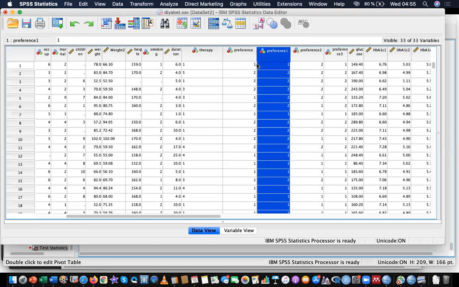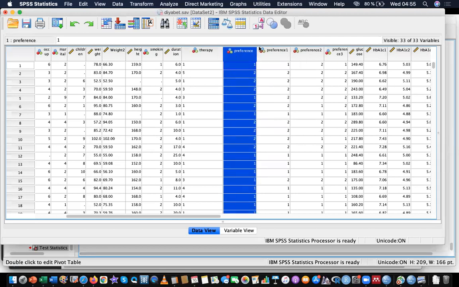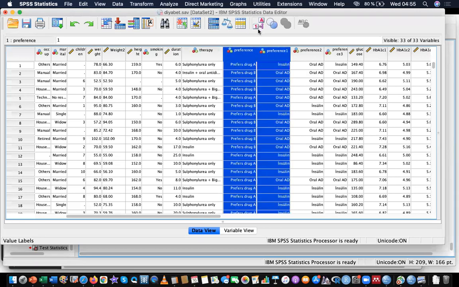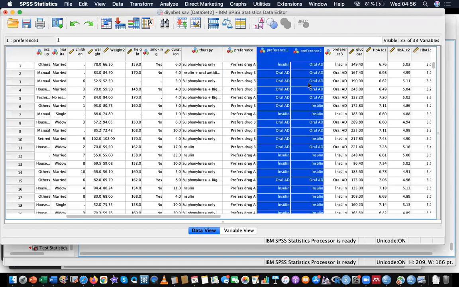I have asked the preference actually several times, but let's say I asked it twice. Preference means which medication do you prefer? These two columns: do you prefer insulin or do you prefer oral antidiabetics?